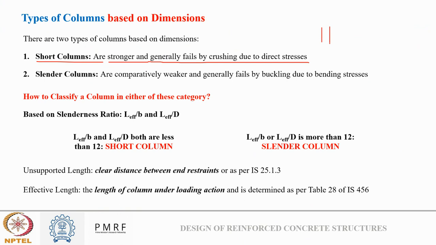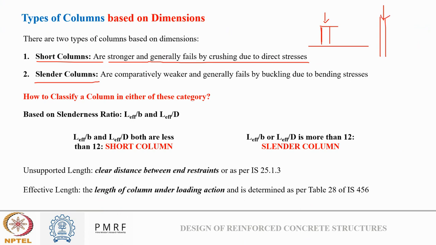When we talk about short columns, the main mode of failure is crushing due to the stresses acting. The second is the slender column, or long column. Compared to short columns, these are comparatively weaker, but they can provide more elevation between the floors, and they generally fail by buckling due to bending stresses.